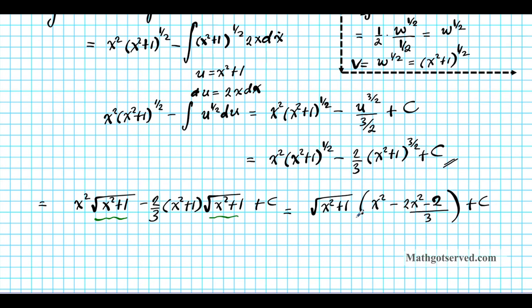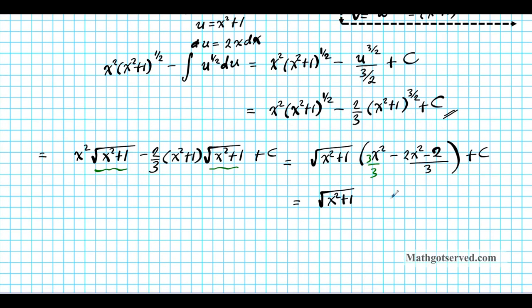Just multiply this by 3 top and bottom, 3 over 3. And if we simplify, we're going to have the square root of x squared plus 1 times x squared minus 2x squared, which is simply x squared, minus 2 over 3, plus c. And there goes your final answer. Okay, so that's that.